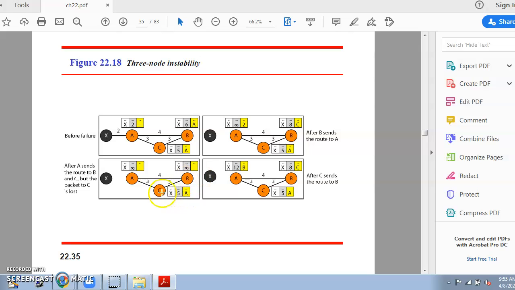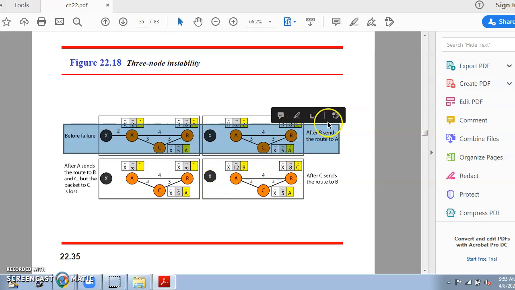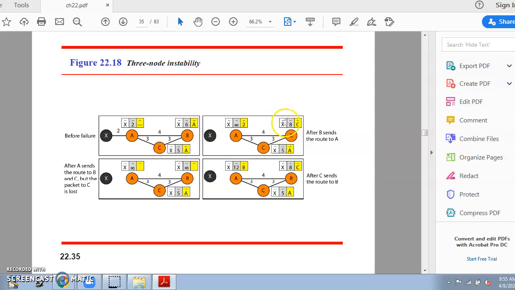The reason is, initially I have a route to reach X via A, and the cost is 5. So after some periodic time, when C transmits its table to exchange with A and B, B will detect that there is another route to reach X, but now it is via C. So it will update its table: X via C. X is the destination network.